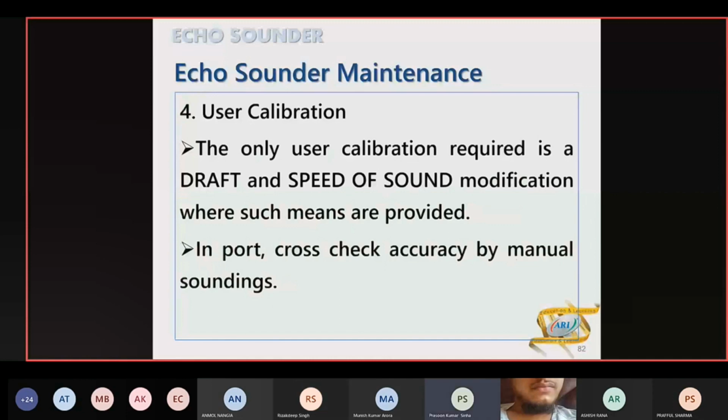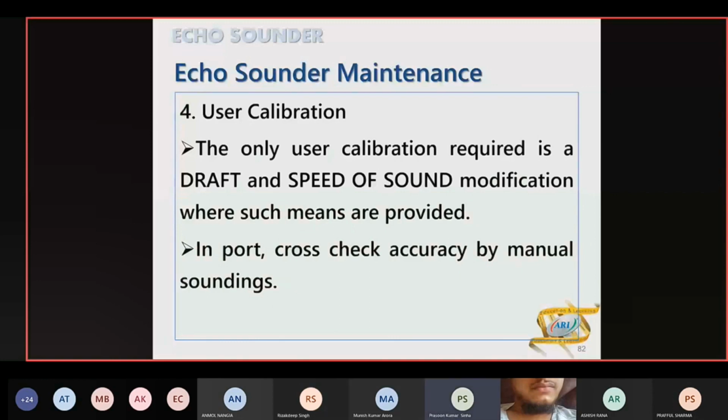Then, in order to get useful information from the transducer, you should do calibration of the device. Now, we have already understood in the Doppler law what is calibration.